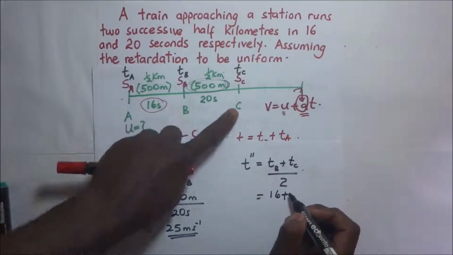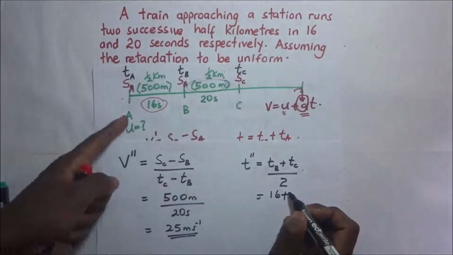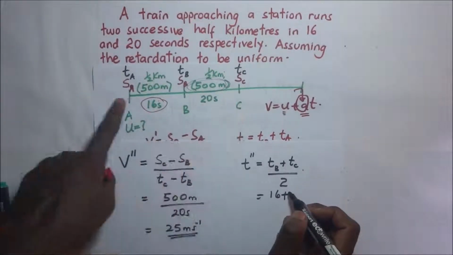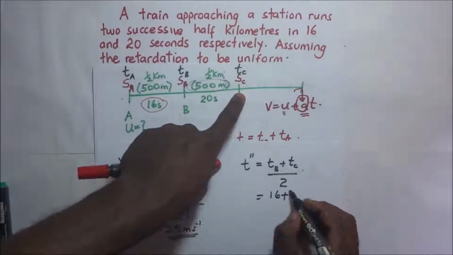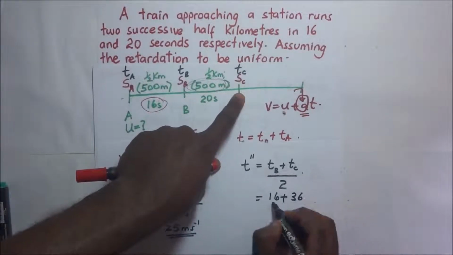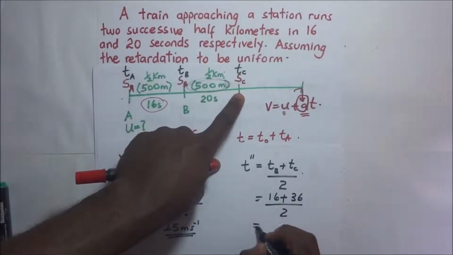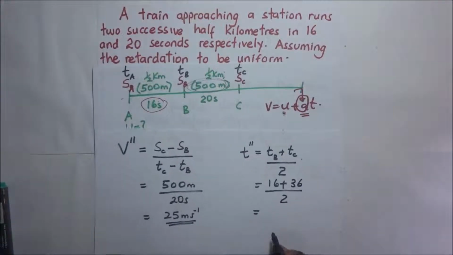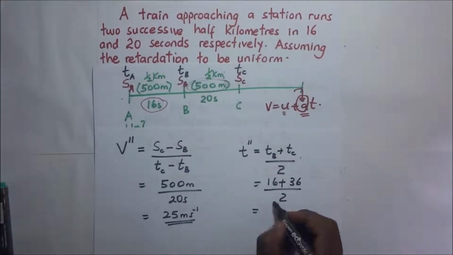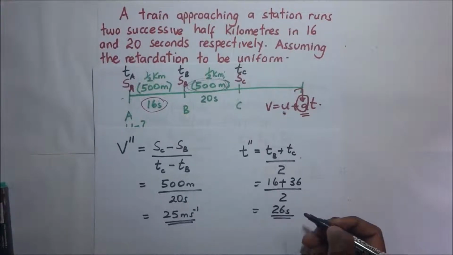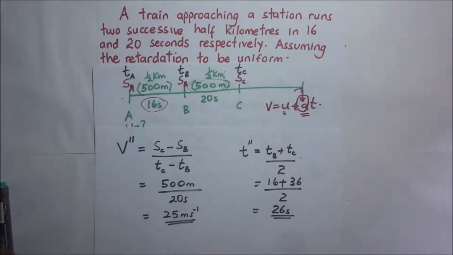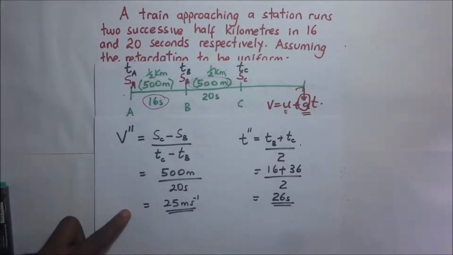Add that to the time taken to reach C, from A up to C, which is 16 plus 20, that is 36. Divide that by 2, and definitely our answer for average time is going to be 18 seconds. So we've already finished getting our average speed and average time for the second interval.